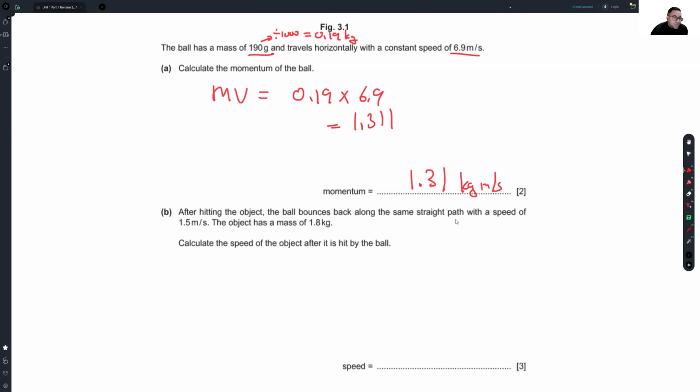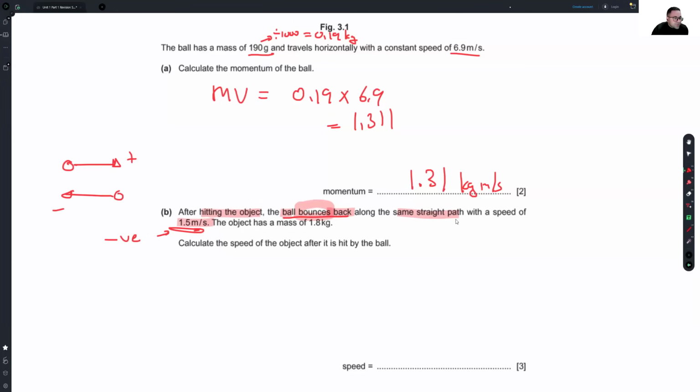You asked, can the momentum be negative? Now, look closely. After hitting the object, the ball bounces back along the same straight line, but with a speed of 1.5. This is very important. If you ever see the term bounce, rebound, whatever it is, this means that this new velocity or momentum will have a negative sign, because remember, moving to the right is considered positive, for example.